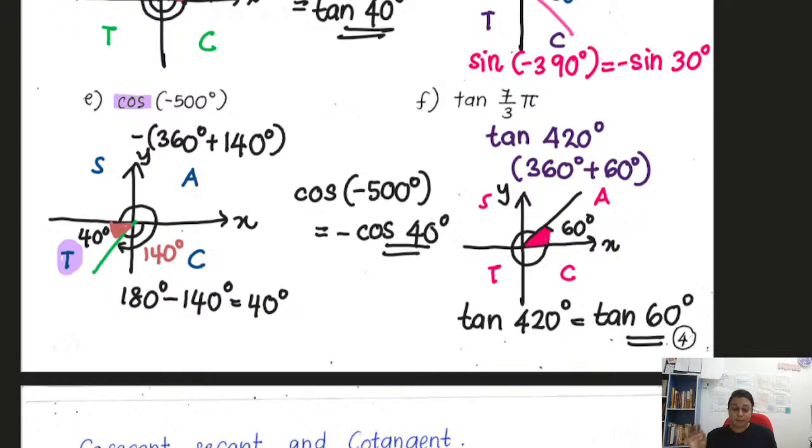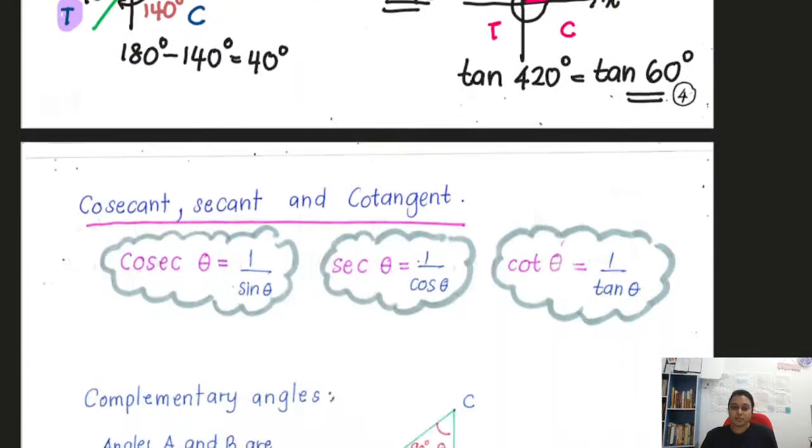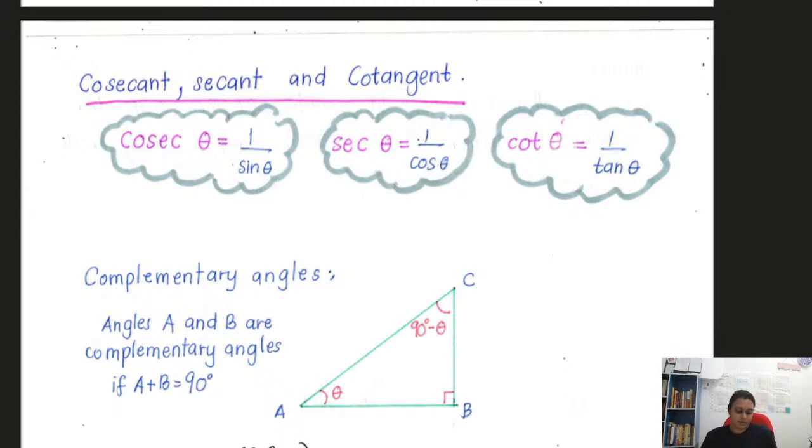How to draw positive angles and negative angles. That was last week. This week is how to find cosecant, secant and cotangent. Cosec, sec dan cotangent.